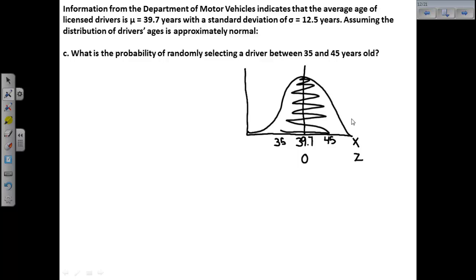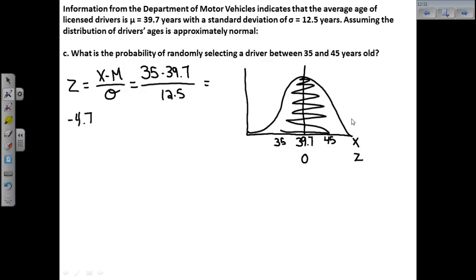So we need to find the z-score for 35. Z equals x minus the mean divided by the standard deviation. The first x I care about, 35 minus 39.7 divided by 12.5. Well, 35 minus 39.7 gives you negative 4.7, still dividing by 12.5.